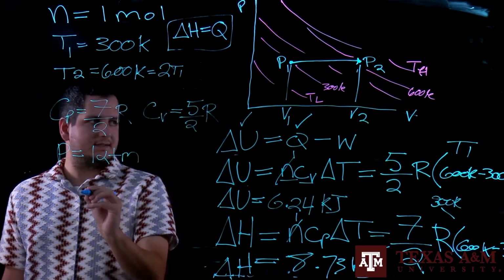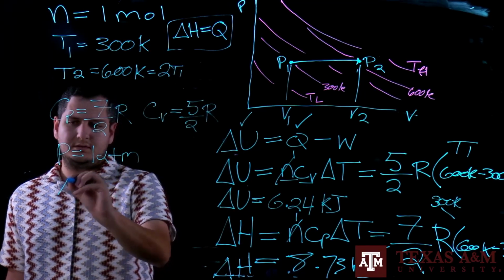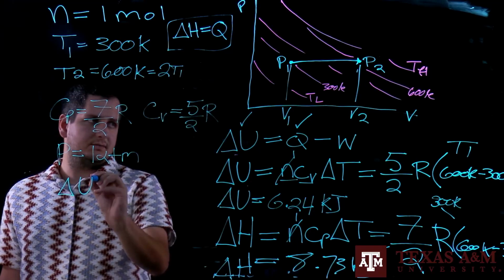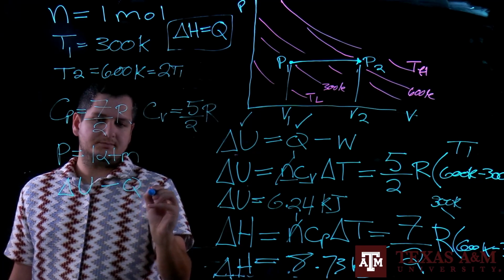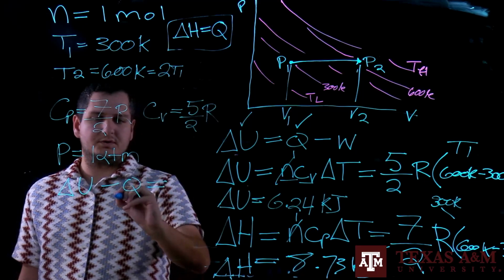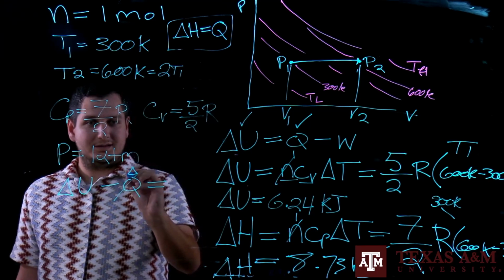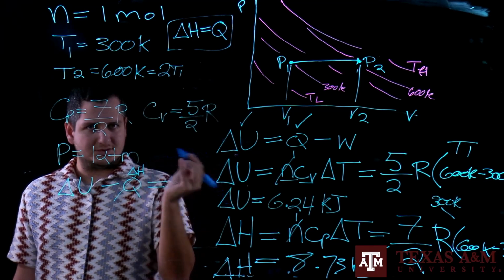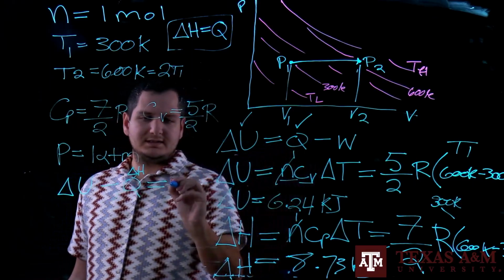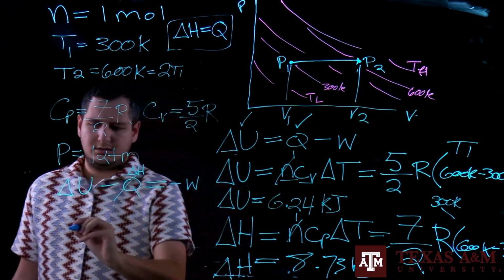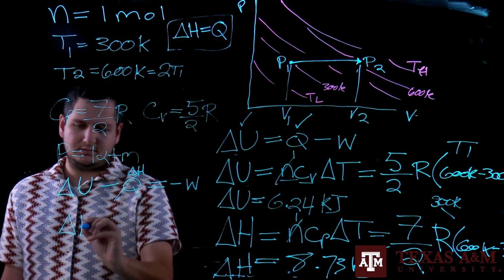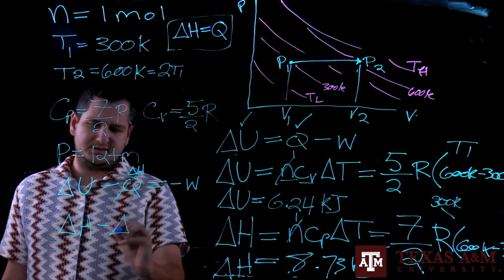What we can do for that is just rearrange. We can say delta U minus Q, or you could also say delta H, these are the same, is equal to minus work. What you can then do is just flip these around.